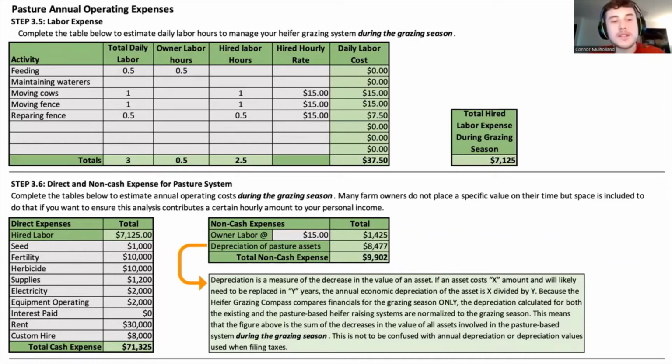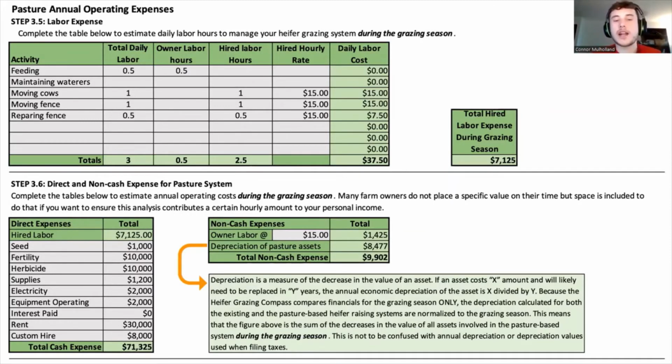In step 3.6, we have any kind of direct cash expense that would be incurred in the operating of the pasture during the grazing season. We reiterate hired labor, but then you put things in there like seed, fertility, any kind of custom hires, rent, basically your others when it comes to expense.